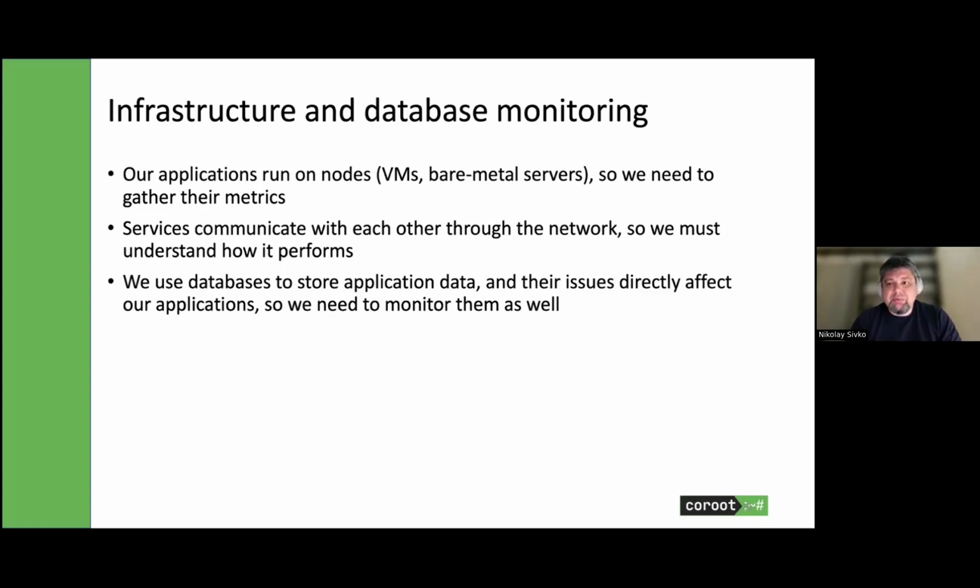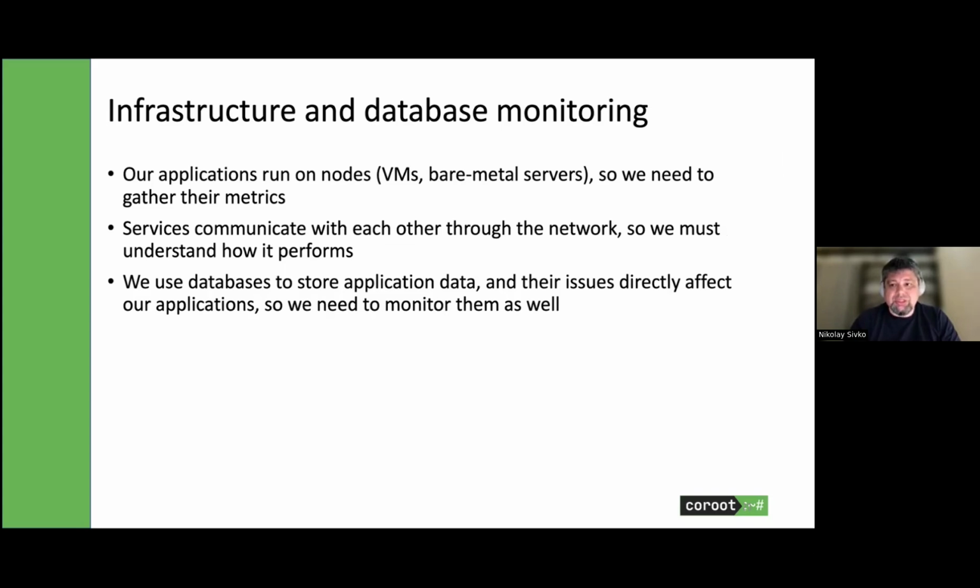The next step: we can work only with application performance metrics or traces or logs, but each application runs on some node. It can be a virtual machine, a cloud instance, or a bare metal server.